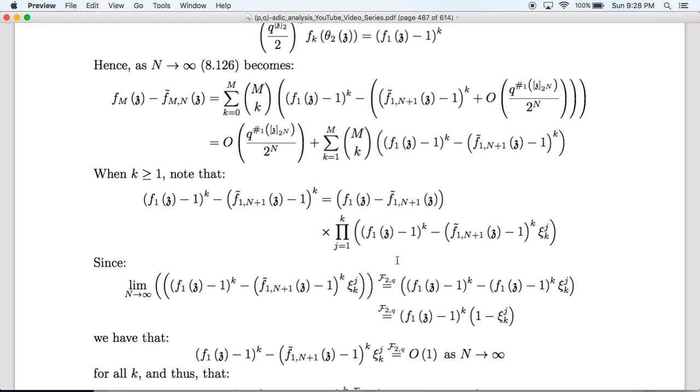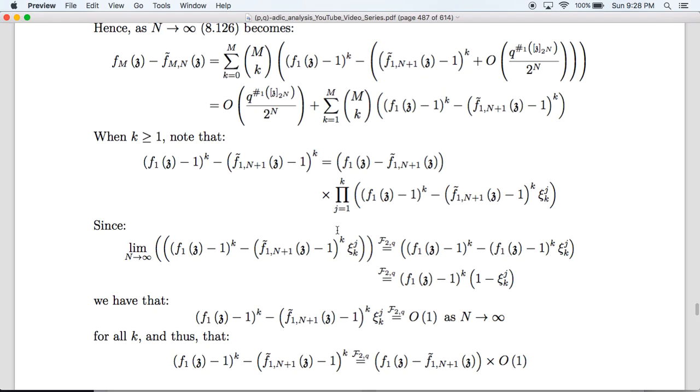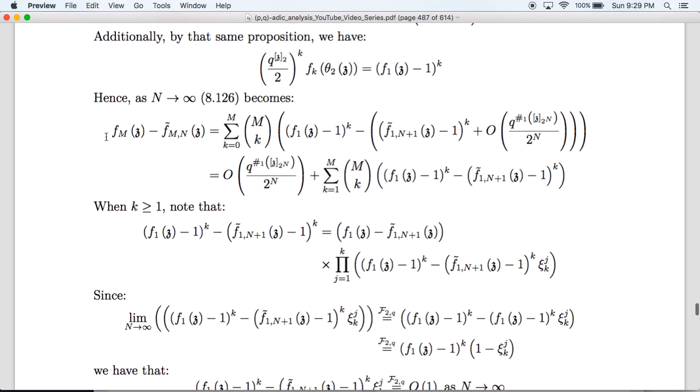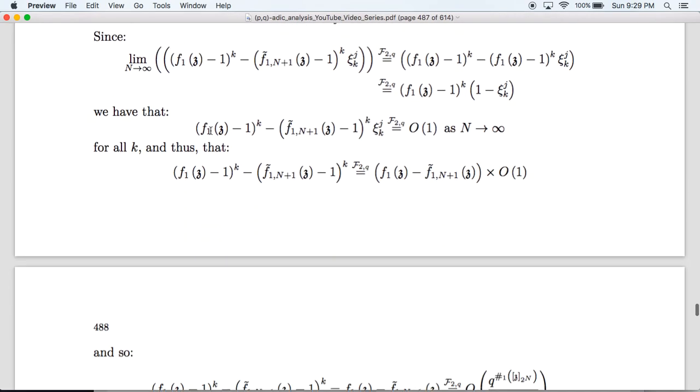So this part is going to be bounded. Here it's O(1), and so in particular, we see that this thing is just going to be O(1) with respect to our frame times this difference, and so this shows that the decay condition on this difference can be passed to the decay condition on this difference.